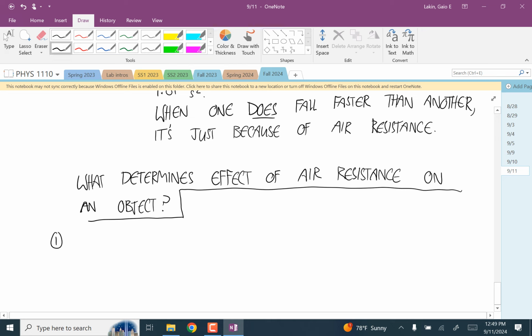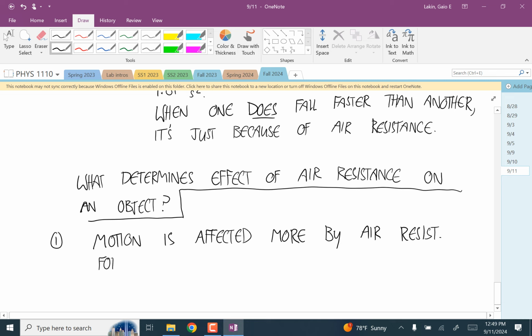Well, the first one, and this is why we all grow up with this false idea of what gravity does, is that motion is affected more by air resistance for lighter objects.